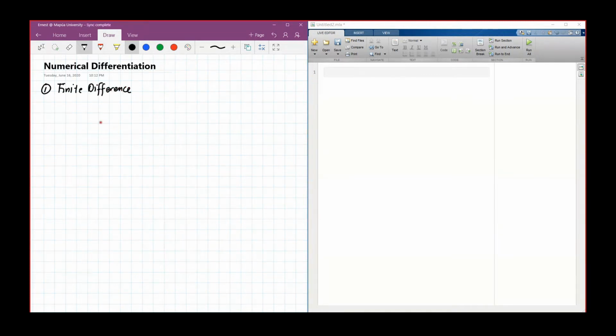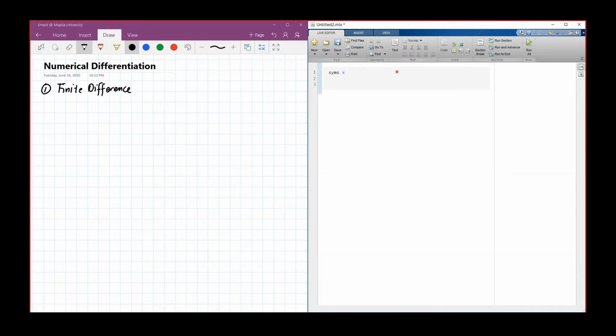Okay, so we're just after the concept of doing differentiation numerically. First, let me graph a function.